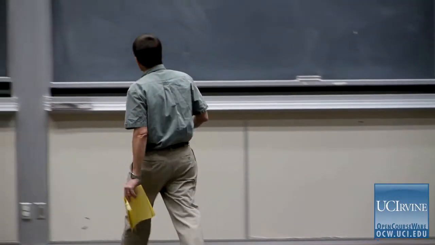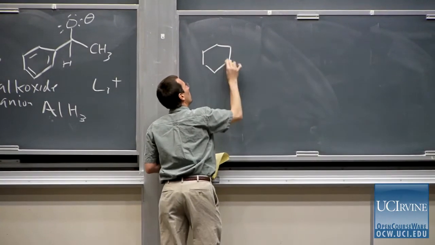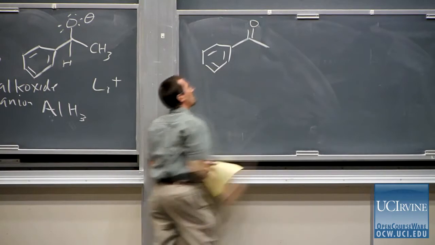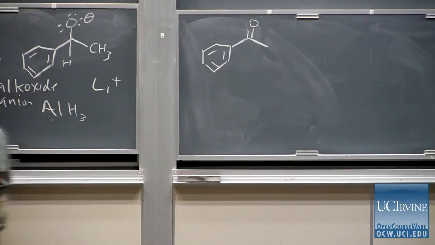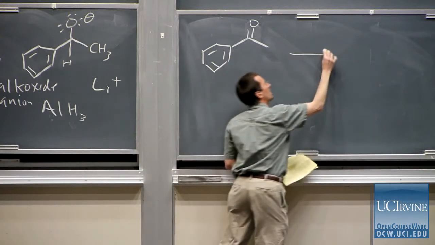So let me write a reaction as a synthetic organic chemist would. Now I'll be a little bit sloppier in the sense that I'm not going to write in my lone pairs of electrons. We're thinking more like a synthetic organic chemist. Not even going to write in my methyl group. It's implicit over here.